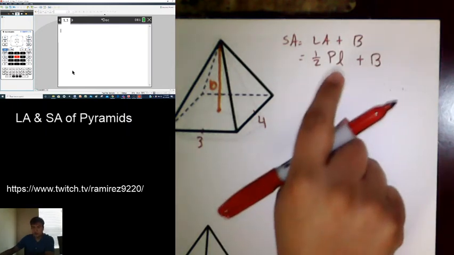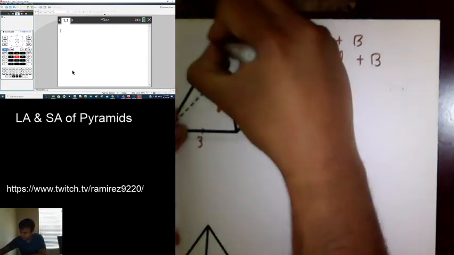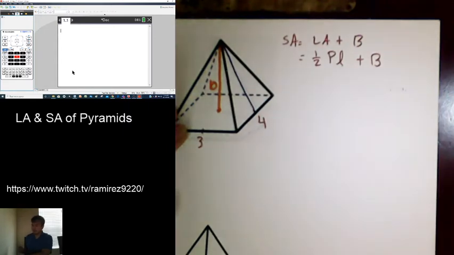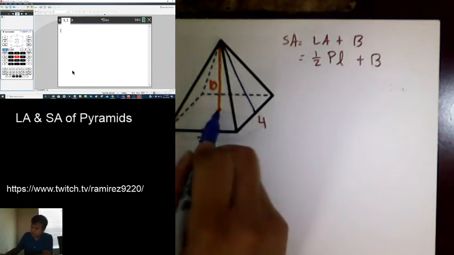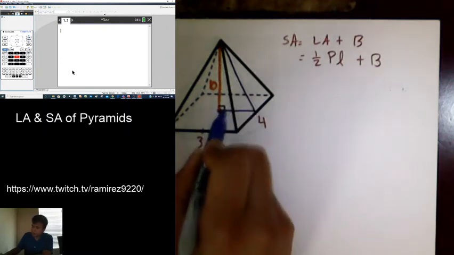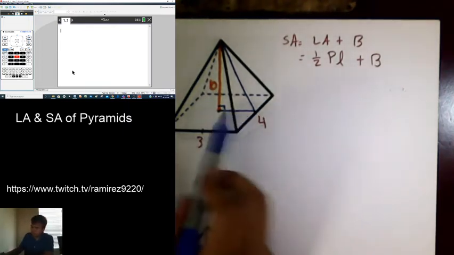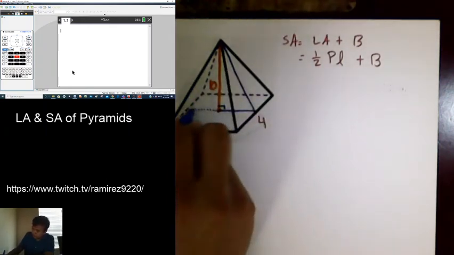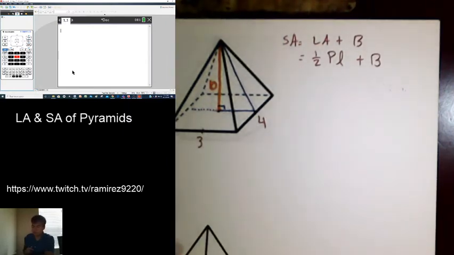We need to know L, our slanted height, and our slanted height is this one right here. Again, remember how your height goes to the center of the figure. We create a nice right triangle. This distance right here, if this is 3, you would expect all of that to be 3, but your height's right down the middle, so it's going to be half, so it's 1.5.